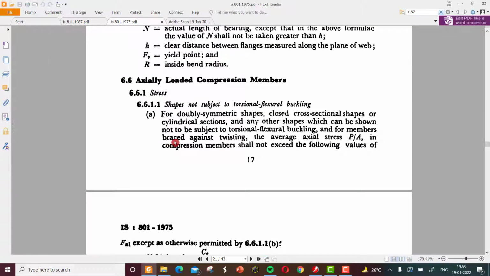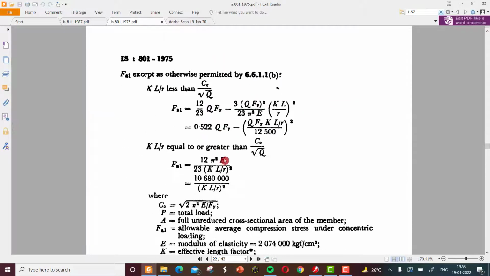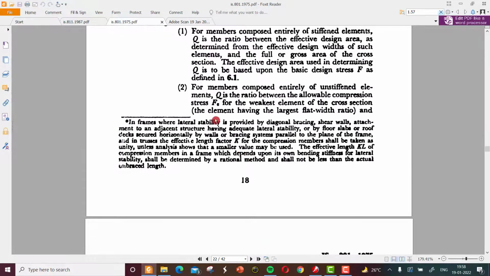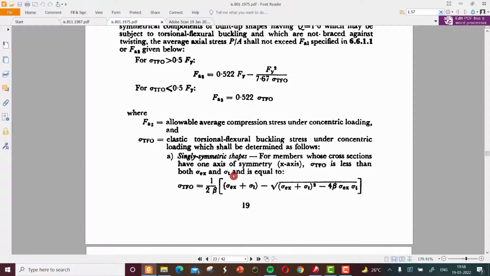Yeah. In the IS code, you can see 6.6.6, sorry, 6.6.1.1 for the shapes not subjected to torsional flexural buckling, the set of equations. And then after that, as second, we have singly symmetric and non-symmetric shapes, those things.